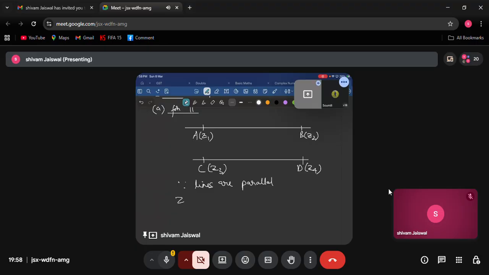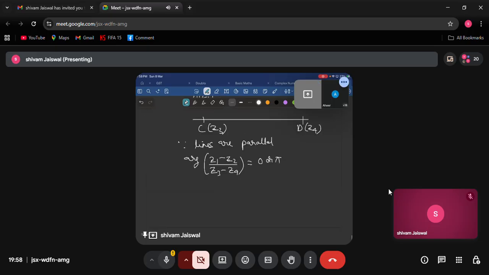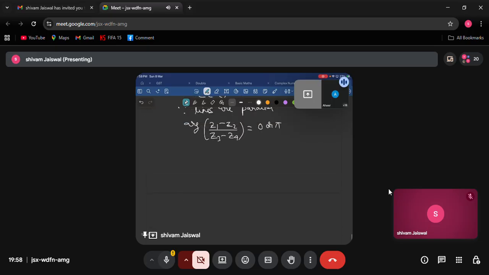can I say that argument of Z1 minus Z2 by Z3 minus Z4, what will be the argument? 0 or pi, right? Argument of the vector Z1 minus Z2 minus the argument of vector Z3 minus Z4 is equal to 0 or pi. So again it is real, right? This implies Z1 minus Z2 by Z3 minus Z4 is purely real.